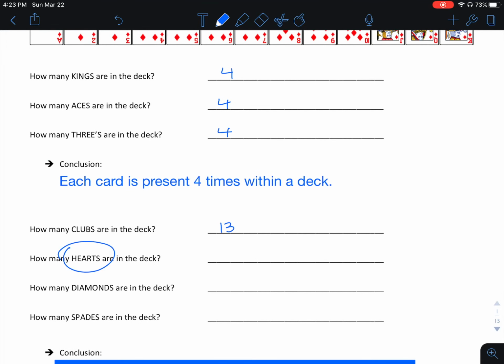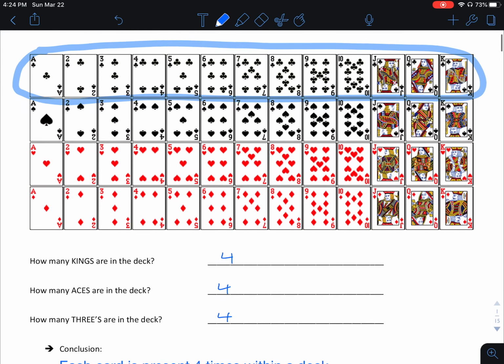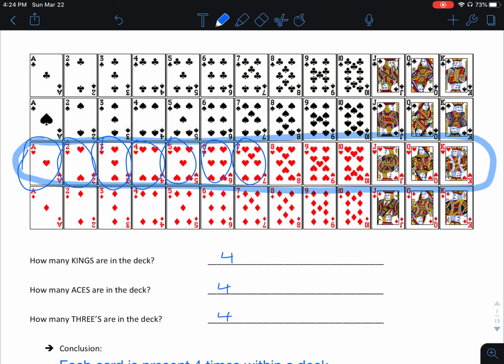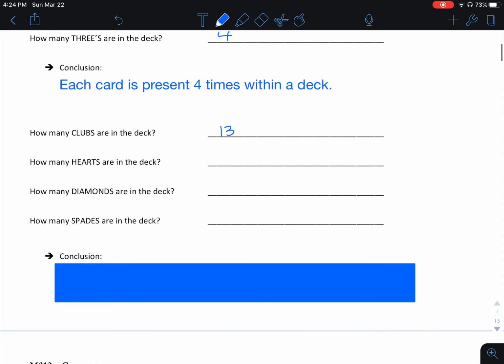Let's talk about how many hearts I have. Let's circle my hearts. My hearts are that third row. How many hearts do I have? One, 2, 3, 4, 5, 6, 7, 8, 9, 10, 11, 12, and 13. Again, we have 13. Are we seeing a pattern?